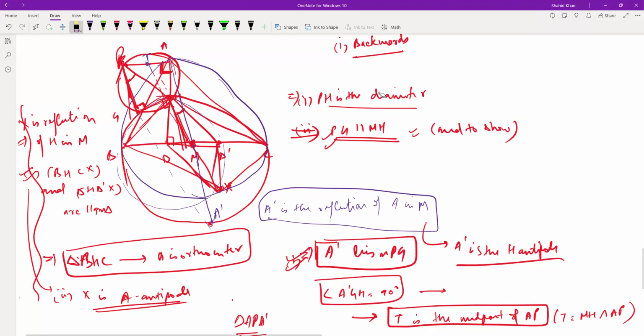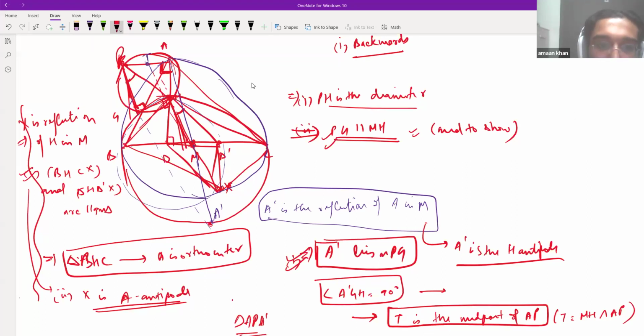That T is the midpoint of AP. Because M is the midpoint of A dash and we need to show MH is parallel to PG. We have already shown that PG passes through A dash. So we need to show that MH intersects AP at the midpoint of AP. So we need to show T is the midpoint of AP.